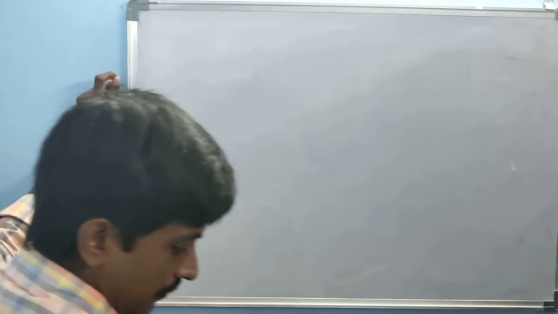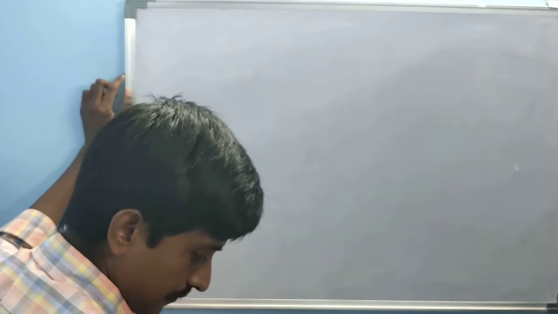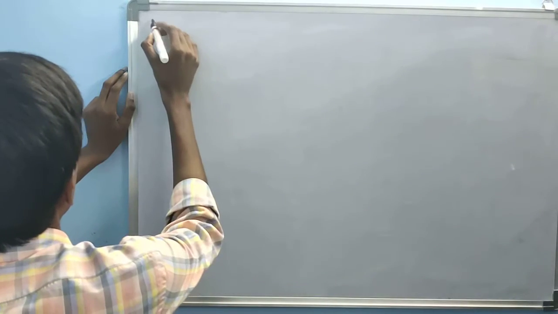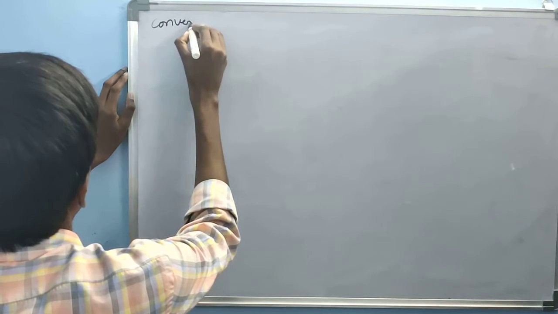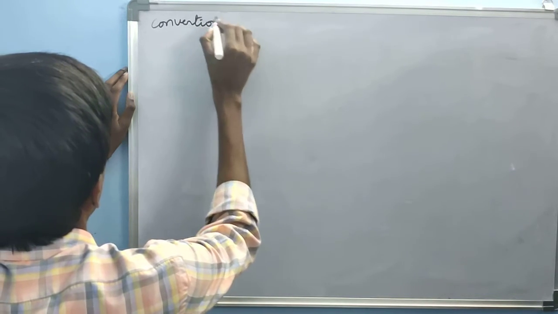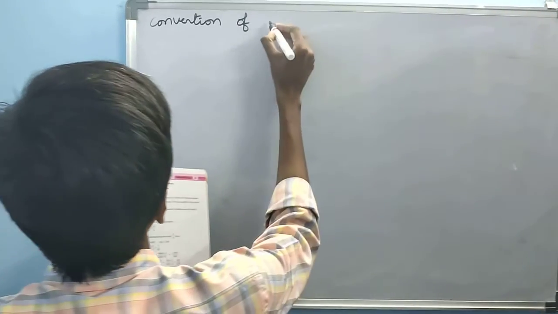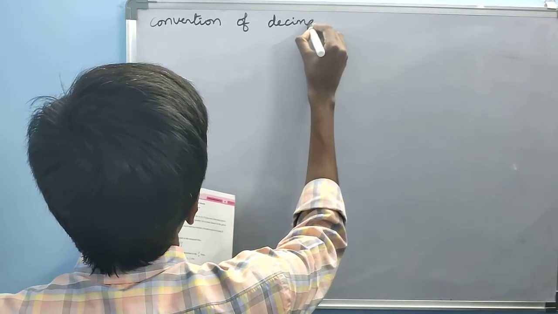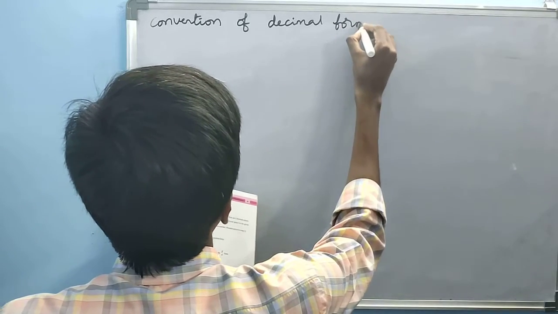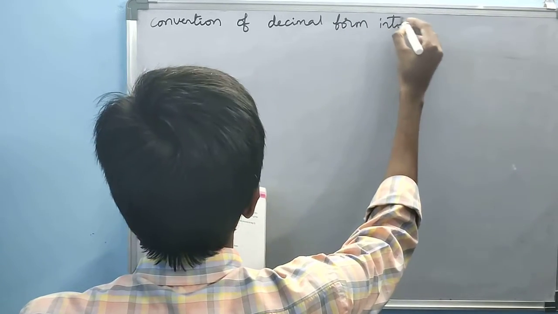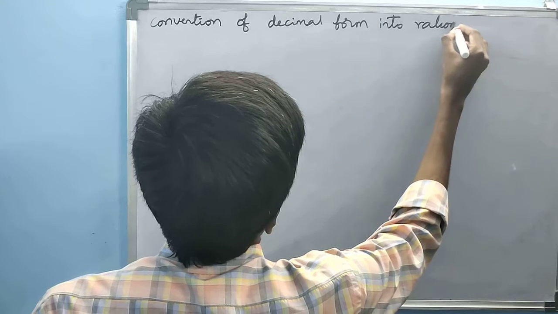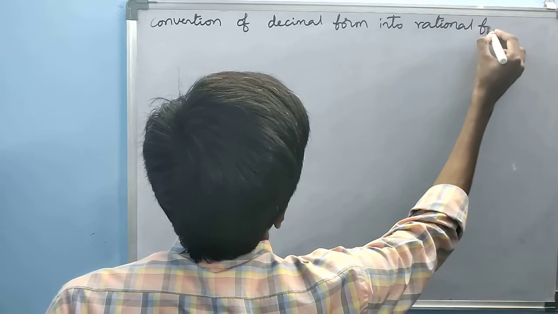Conversion of decimal form into rational form.